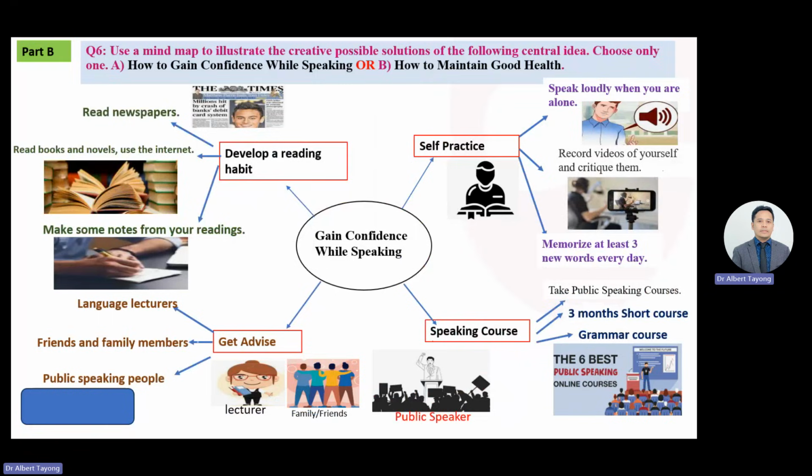So people usually are hesitant or reluctant to speak in front of others. But with practice, with reading habits, some courses, advice from others, and some other ways, you can improve your confidence while speaking.